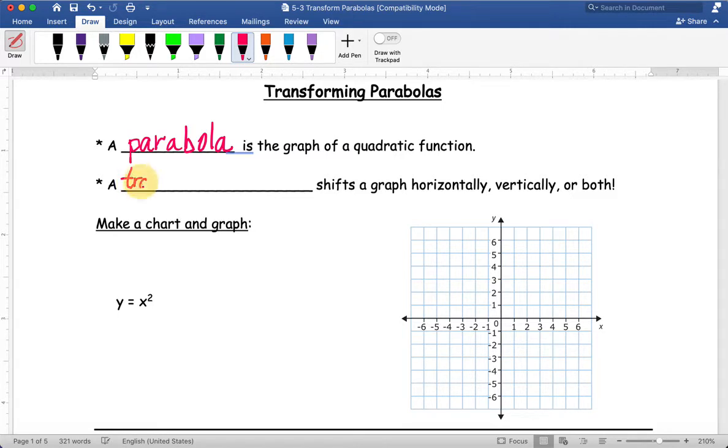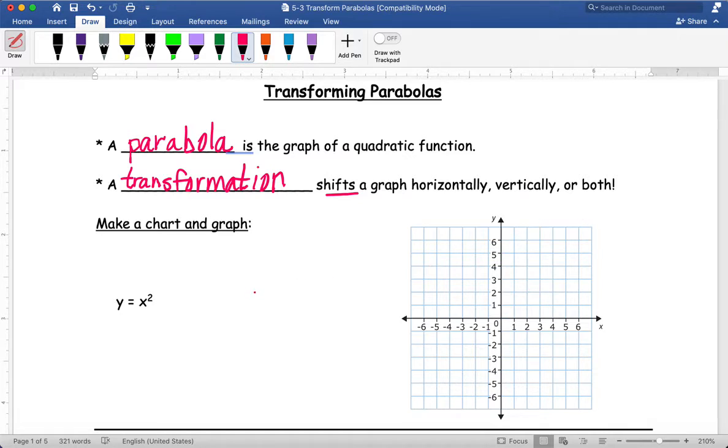A transformation will shift or move a graph horizontally, this way, left and right, vertically, up or down, or both.